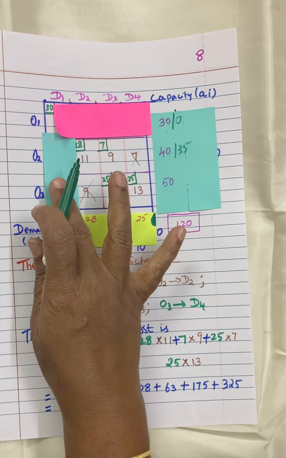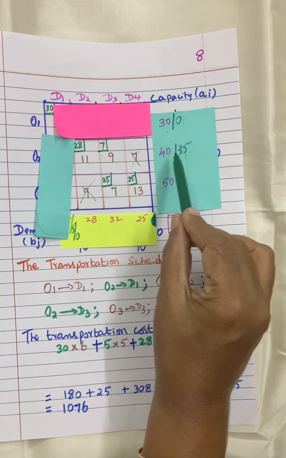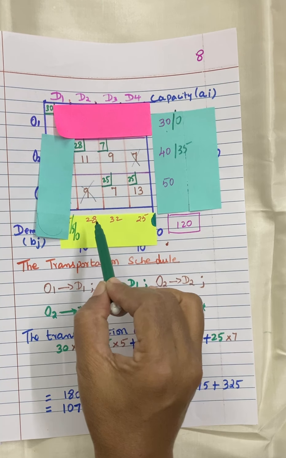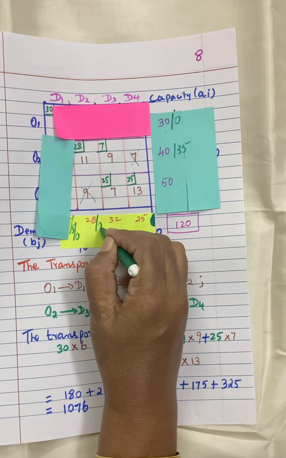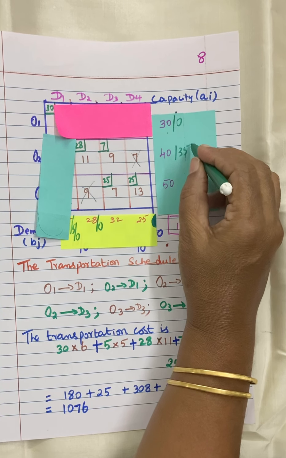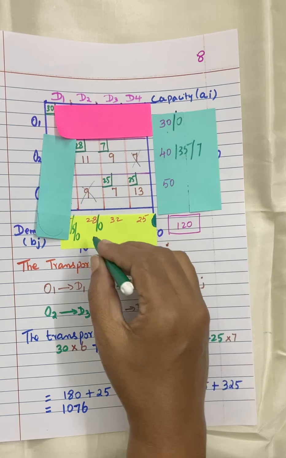Okay. Now the northwest corner is 11. Supply is 35 and demand is 28. 28 is the smaller number. You assign 28. After assigning, you subtract 28. If you subtract 28, it will become 7. Remaining is 7. Write only the remaining. So this becomes 0.